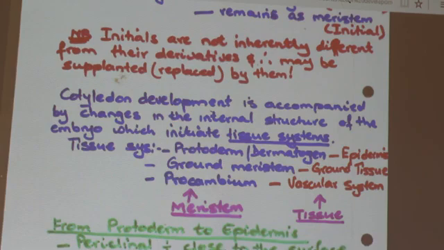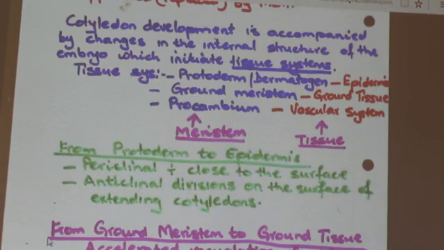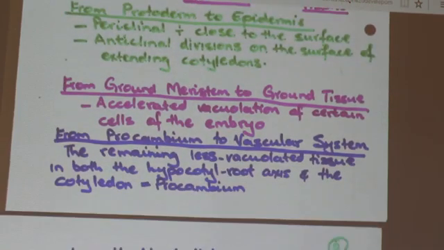The divisions these cells go through are said to be periclinal if the division is parallel to the periphery, anticlinal if the division is at right angles to the periphery. Periclinal and anticlinal divisions occur all over the plant. Now, when you look at a cell, the important thing, you should look at its location.